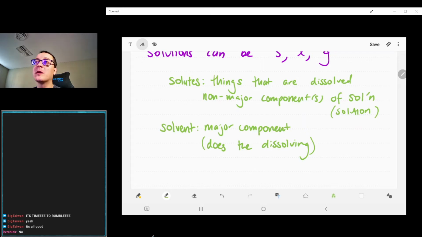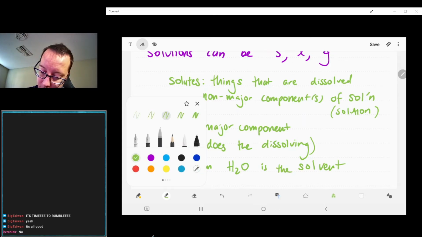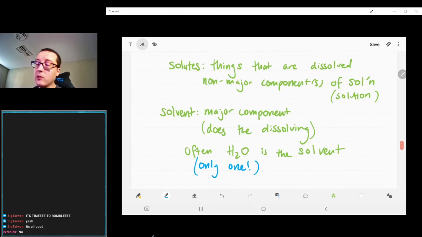We're going to see that very often for us, water is the solvent that we use. Actually, I'm not even going to say a solvent. We say the solvent. You can only have one solvent in a solution, and it's always the major component.